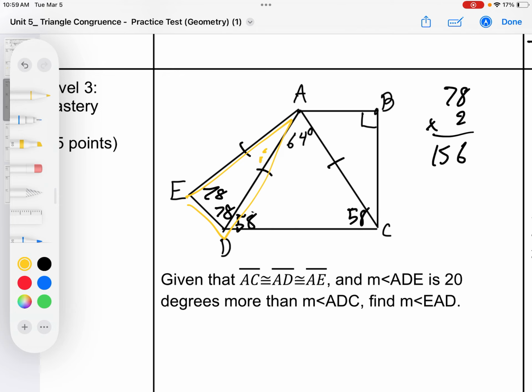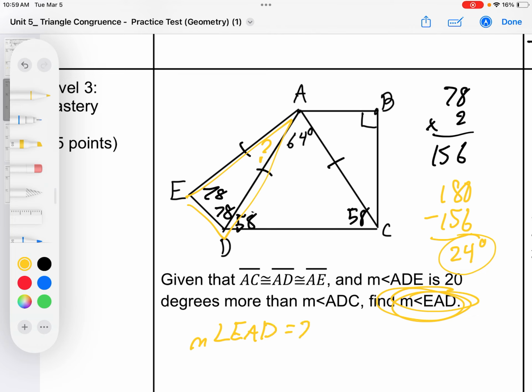So the missing angle, which is what we were looking for, EAD, this angle, is 180 minus 156, which makes it 24 degrees. Measure of angle EAD is 24 degrees. Done.